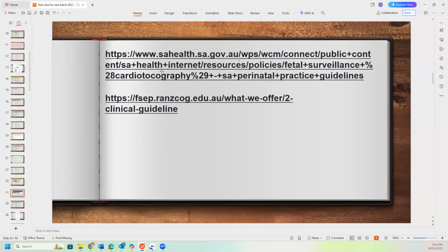Let me show you guys. So SA Health, for anything related to obstetrics. Let me just open up. So this is how it looks like.